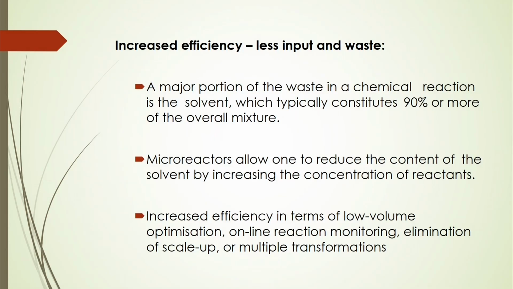Also, efficiency can be increased in terms of low volume optimization in the microreactor, online reaction monitoring, elimination of the scale up, or multiple transformations that can also be considered for process intensification.